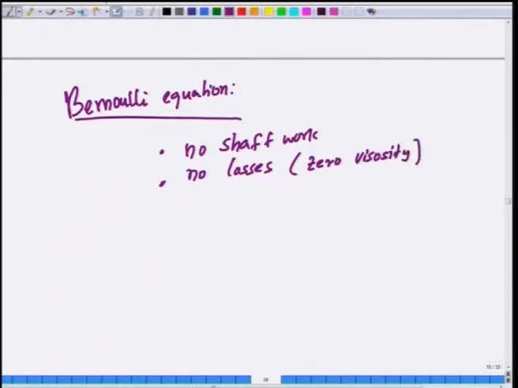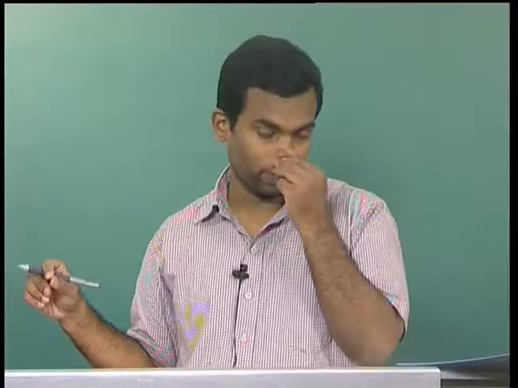It works only for an inviscid fluid, a hypothetical fluid with 0 viscosity, and we apply that energy balance to a stream tube and then shrink it to a streamline. So the Bernoulli equation is valid essentially for a streamline and for an inviscid fluid.